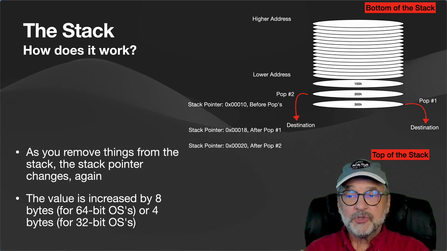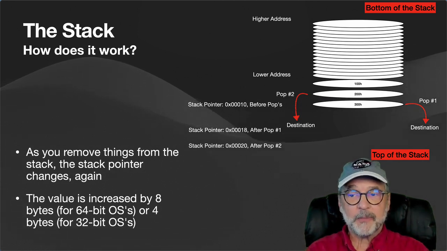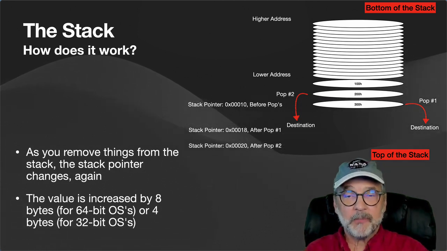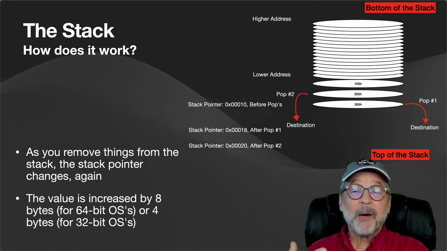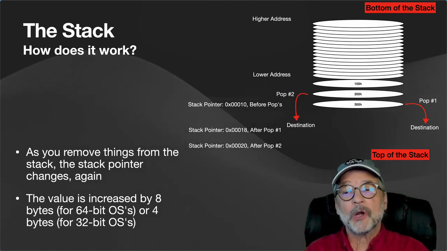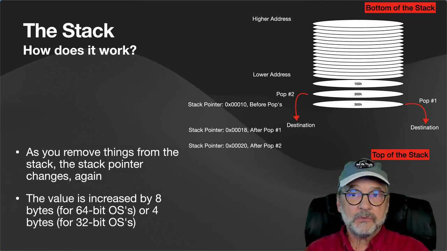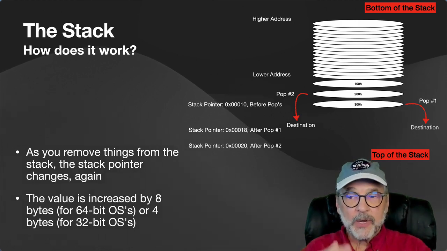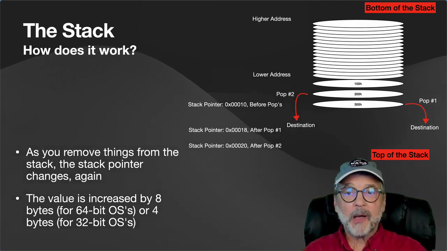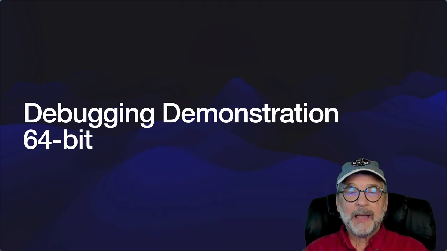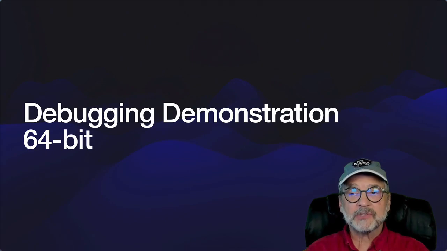If we pop 200H off of the top of the stack, the stack pointer goes up by 8, which would be 20. If we popped the 100, the stack pointer would go up in address to 28. So it goes up and down depending upon your pops and your pushes. Now I think what we should do is demonstrate this in a nice little program so you can actually see it working.